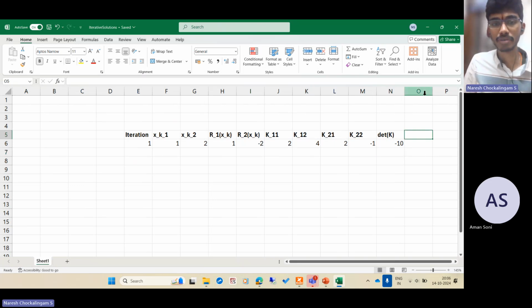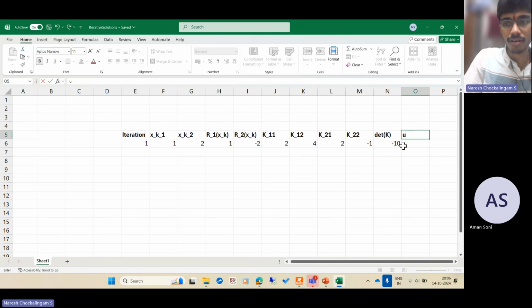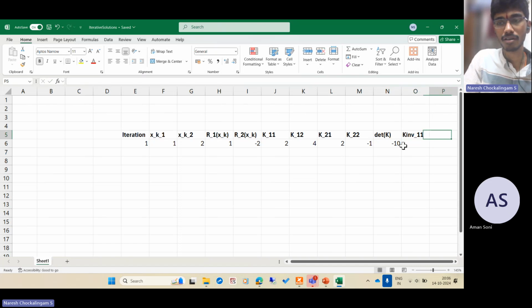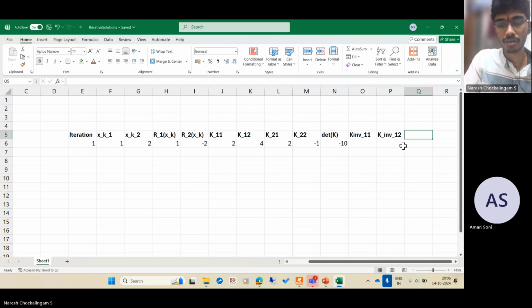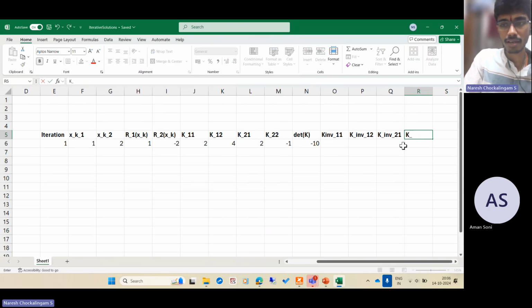So next, what do we do? Once you get the determinant, we have to find k inverse, entries 1 1, 1 2, 2 1, and 2 2.